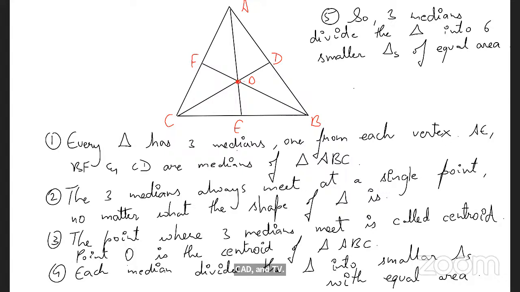I got it, ma'am. Ma'am, most of these triangles are right angle triangles. So you got it now? How they are dividing? These are the properties of the median. And what are the medians that are formed in this?